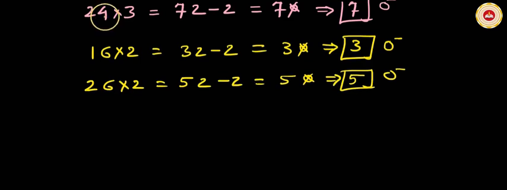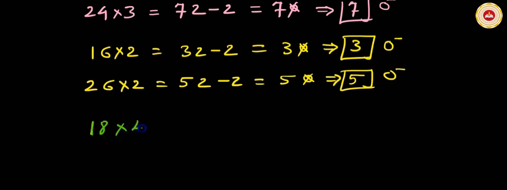If it is 18, okay, let me change color. If it is 18, how to convert 18 into such number which contains 2 in its units place, because we want 2 to calculate negative osculator. So 18 multiplied by which multiple you have to multiply this 18 to get such number which contains 2.